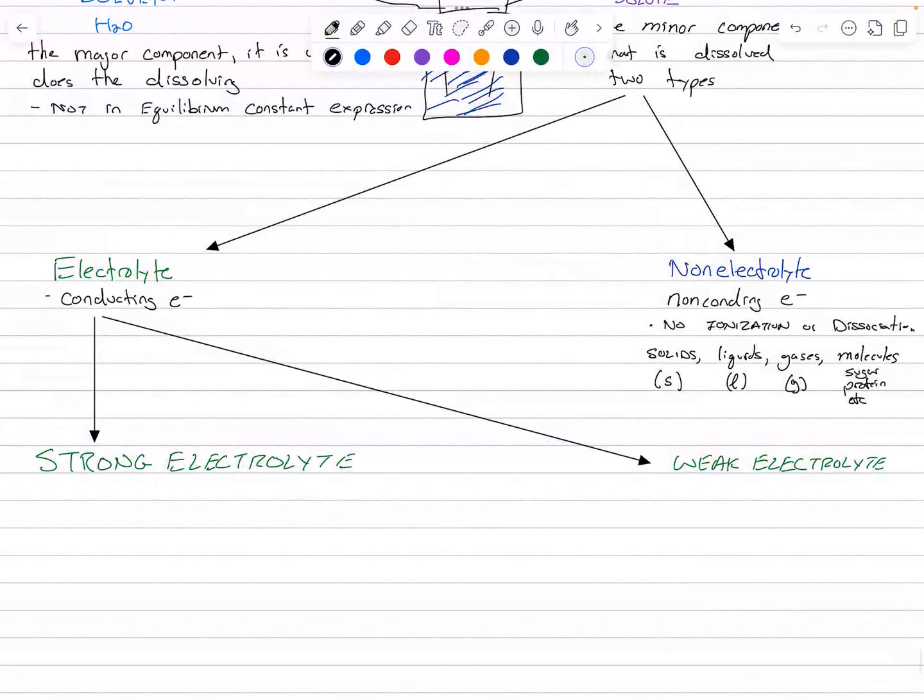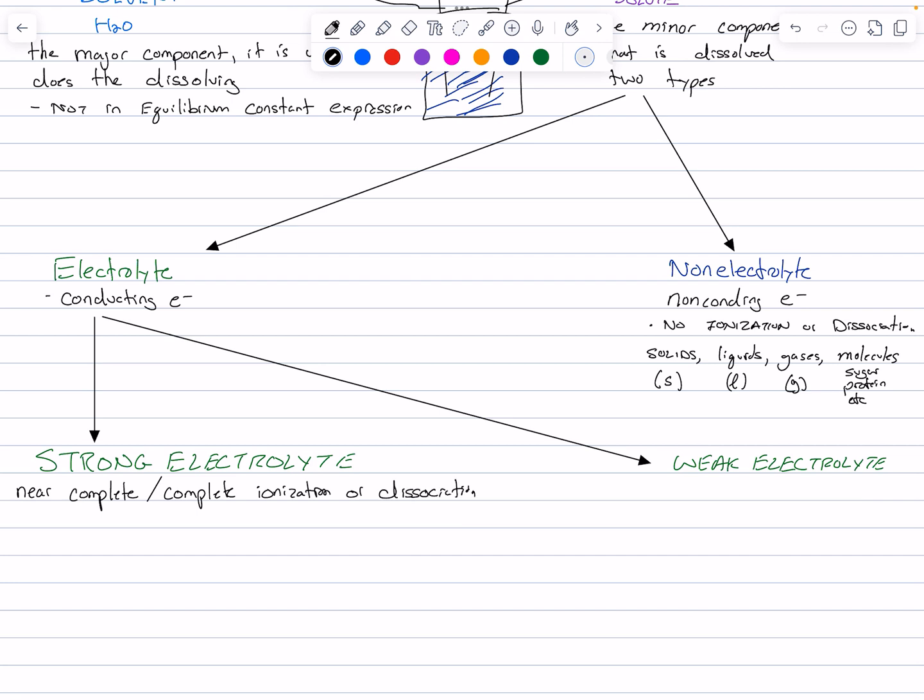Strong electrolytes have near complete or complete ionization or dissociation.